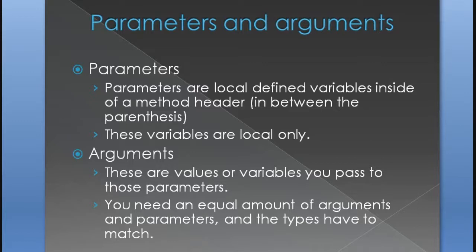Arguments are the opposite. These are values or variables you pass to those parameters. So that's inside the call statement. You need an equal amount of arguments and parameters, and the types have to be matched. You can't send a true value when it's expecting an integer value.